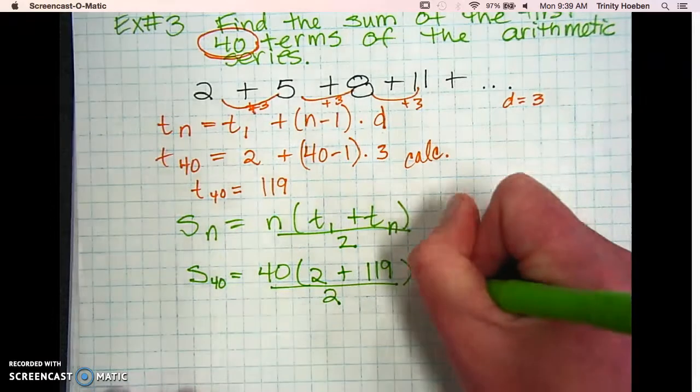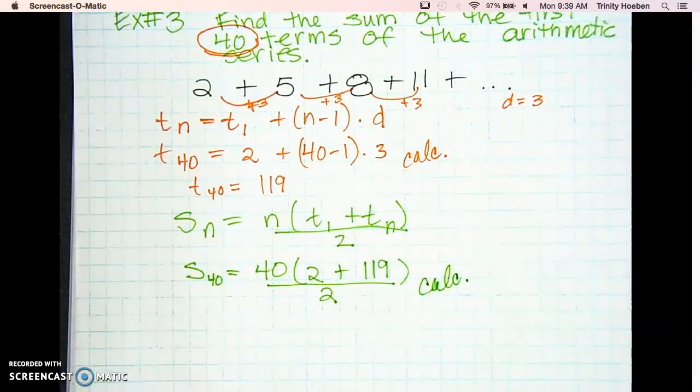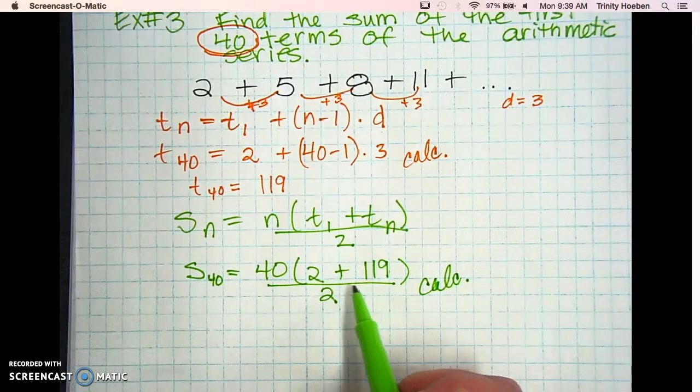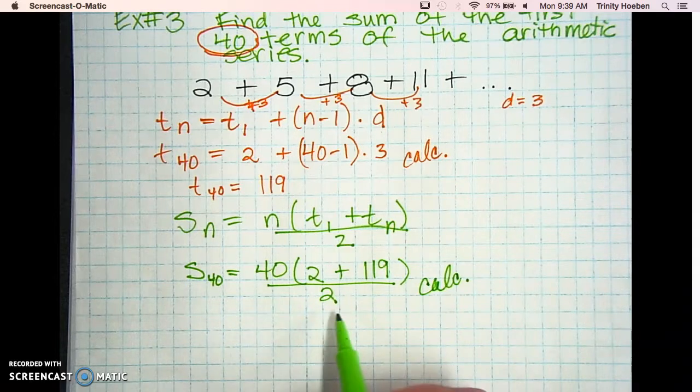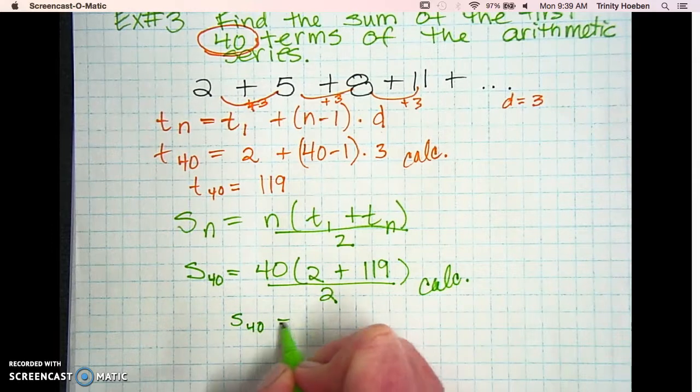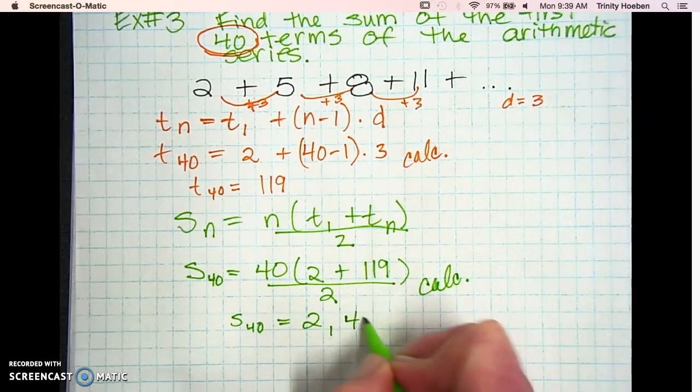And again, you want to take your calculator, punch that all in. So 2 plus 119 is going to give you 121. Multiply 121 times 40, and then divide it by 2. I got, what did I get? 2,420.